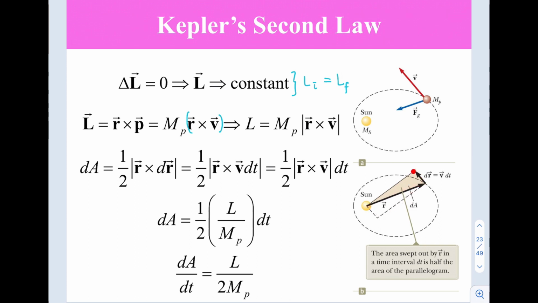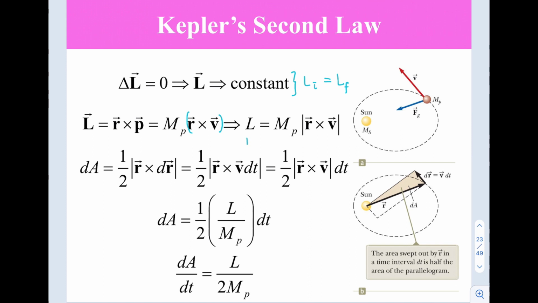So the change in area is equal to half of r cross dr, and dr is v dt from here. So it is equal to half of r cross v dt, where we know r cross v is L over m of the planet.